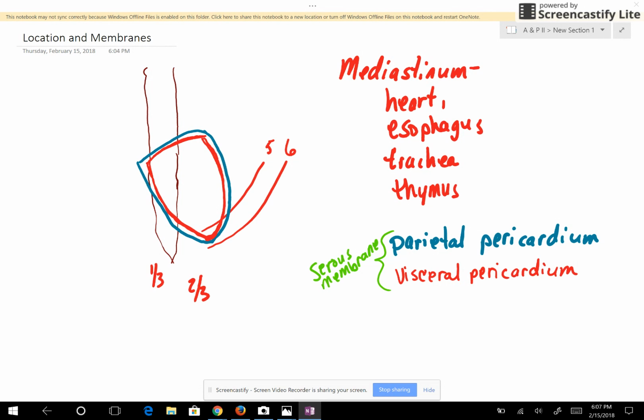So in between the parietal pericardium and the visceral pericardium, you have the pericardial sac, pericardial cavity, and that's going to have serous fluid in it. The purpose for serous fluid, no matter where serous fluid is, is to decrease friction on moving organs.